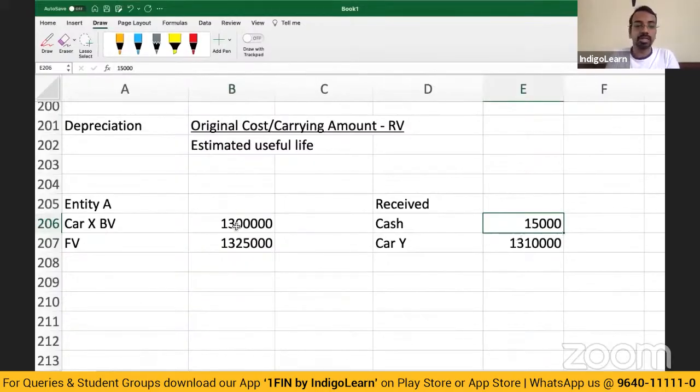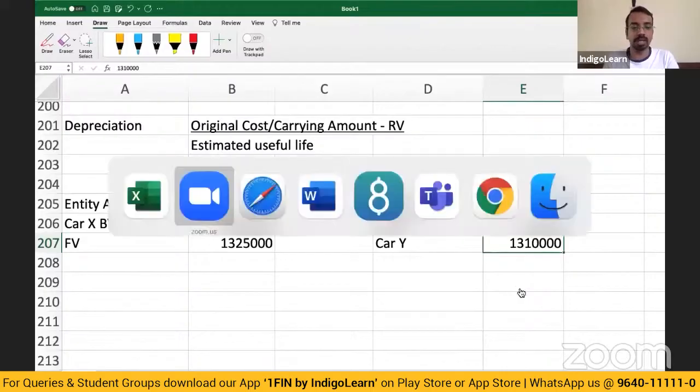So first this cash will adjust against the book value, and the balance 12,85,000, whatever is left, will be the value that you will assign to car Y. So you'll measure it at carrying amount of asset given up. What is the asset given up? 13 lakhs. This 13 lakhs will be split between this cash of 15,000 and the balance given to car Y of 12,85,000, right?